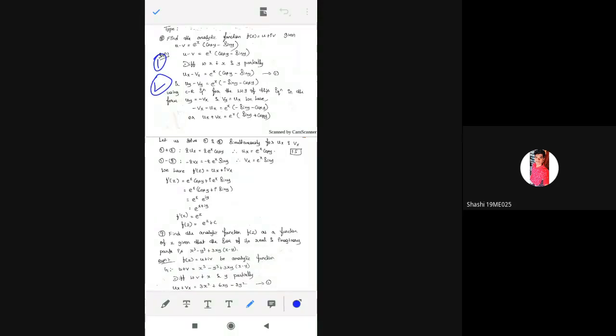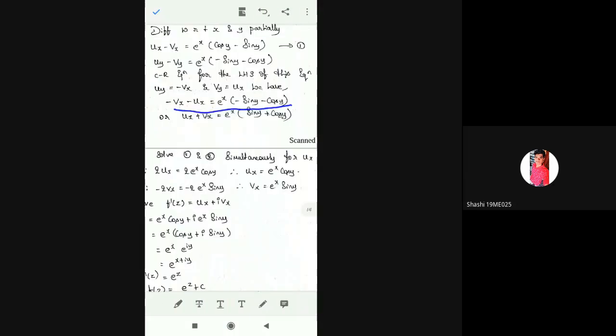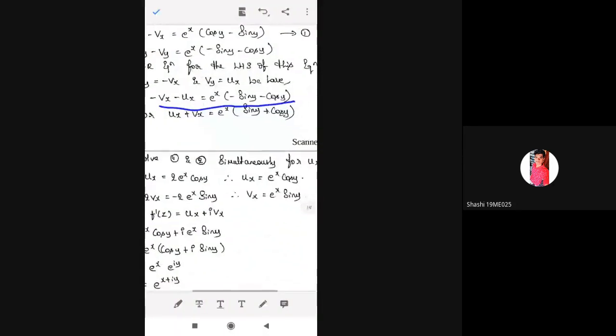Okay, now see. So after that, what happened? I replaced, so I got an expression like minus vx minus ux is equal to e power x of minus sin y minus cos y. Now, what is common? Minus is common; here also minus is there, here also minus is there.